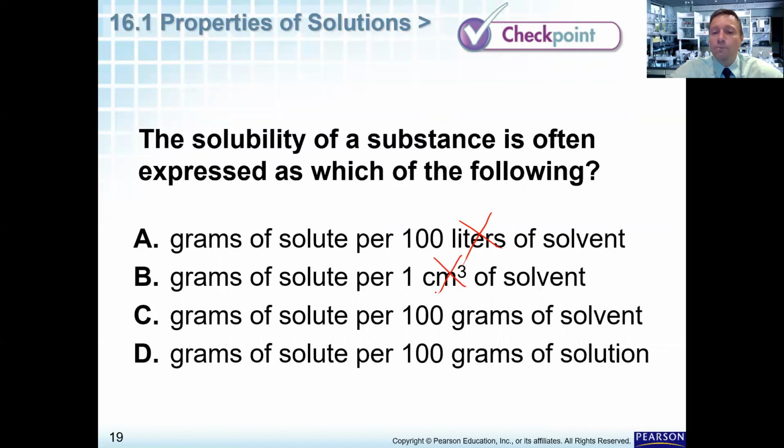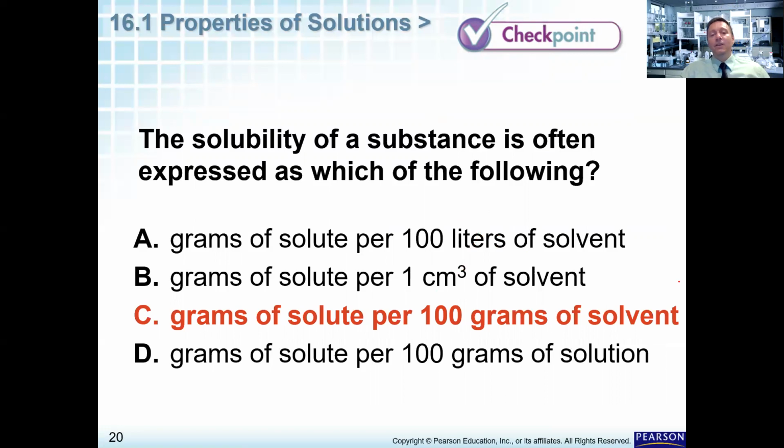Grams of solute per 100 grams of solvent. That's what we talked about. So the answer should be C. Grams of solute per 100 grams of solvent. And that is a different term, which I said we would not be going into.